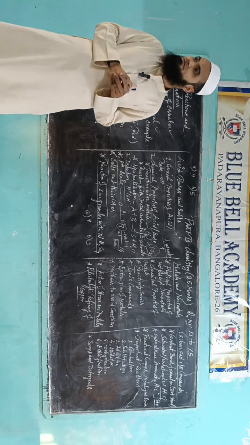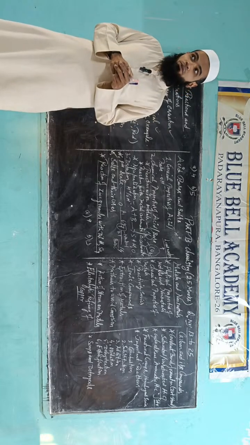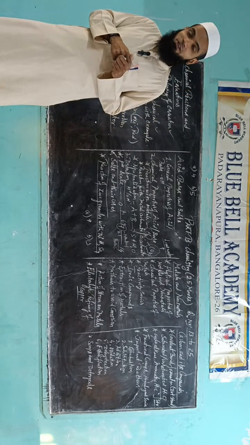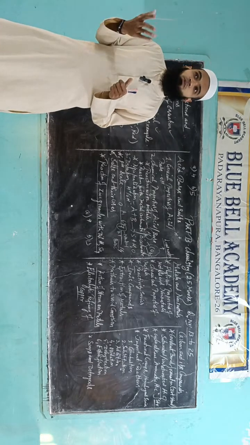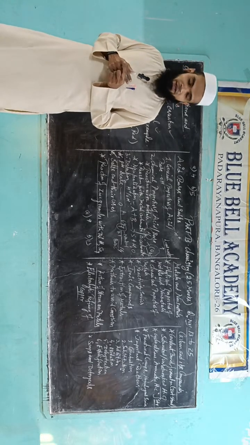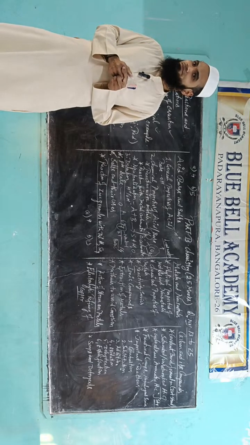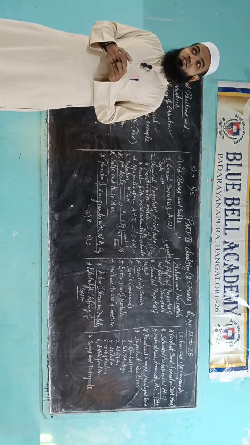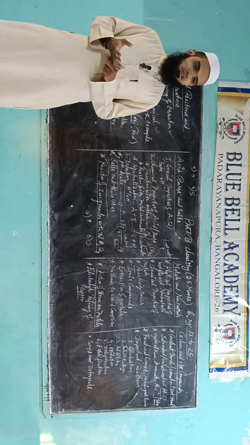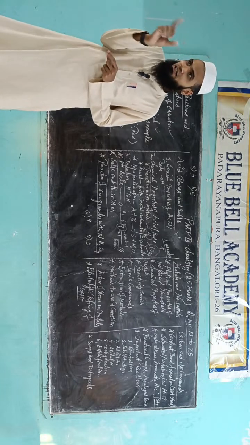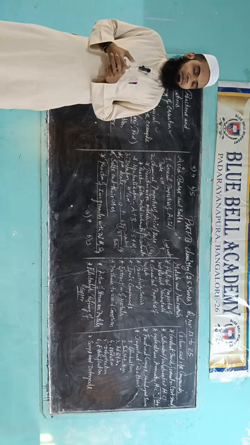Sodium, potassium. Which metal has to be stored under kerosene? Sodium, potassium. Which metal catches fire on exposure to oxygen? Sodium, potassium. Which metal loses its shine on exposure to air? Sodium, potassium. See, for a single answer, how many questions are there?